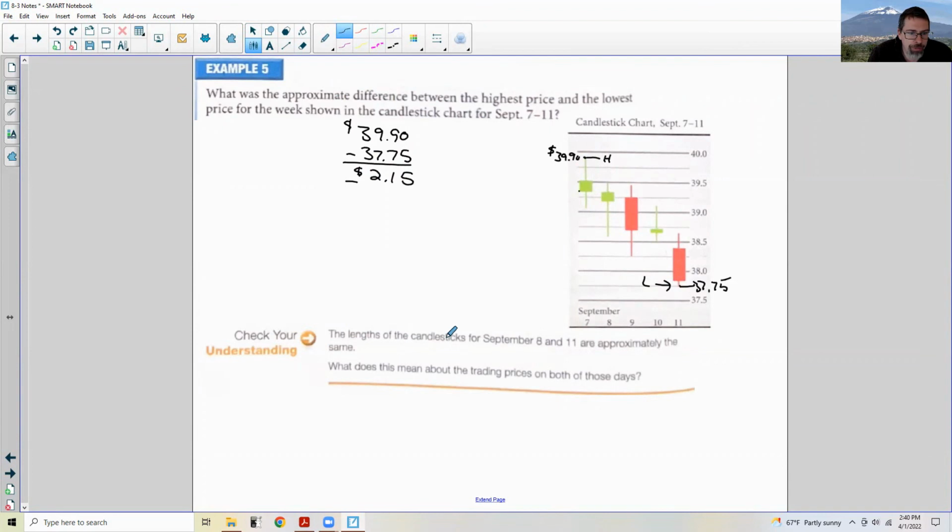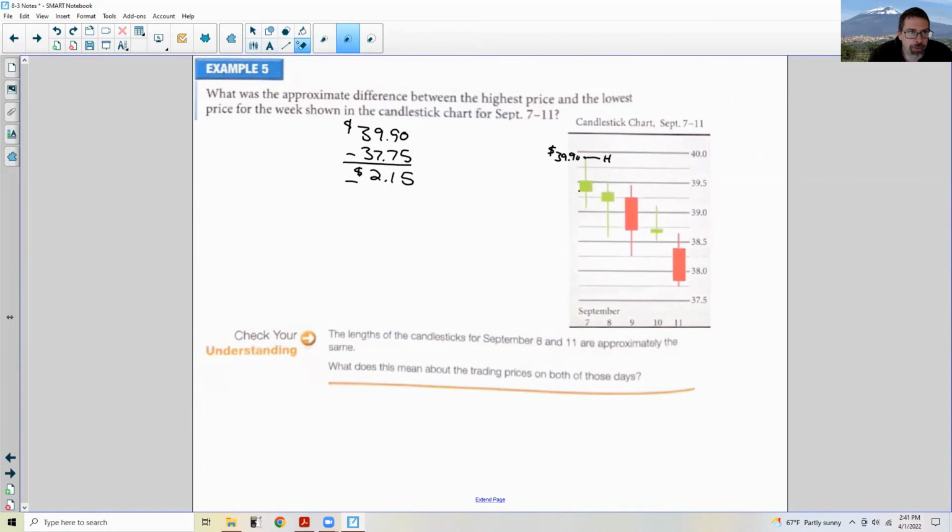The lengths of the candlesticks for September 8th and the 11th, let me erase this now. The length of the candlesticks for September 8th, that's this piece right here, but it's the wrong day. Let's try that again.